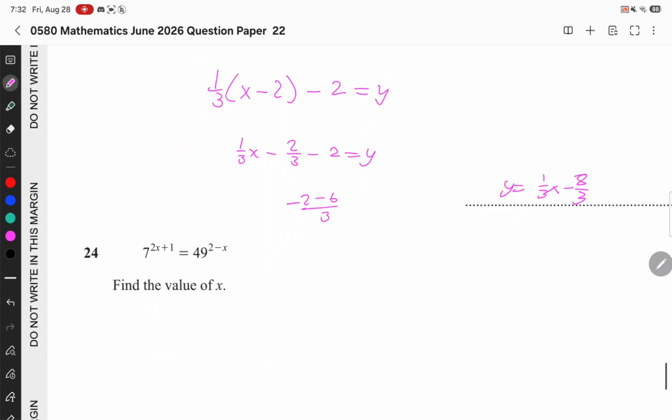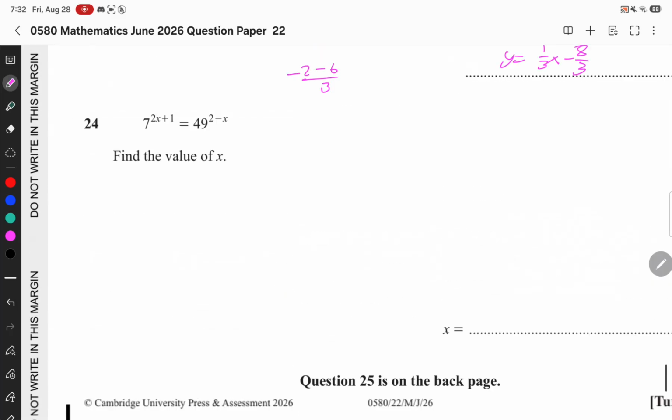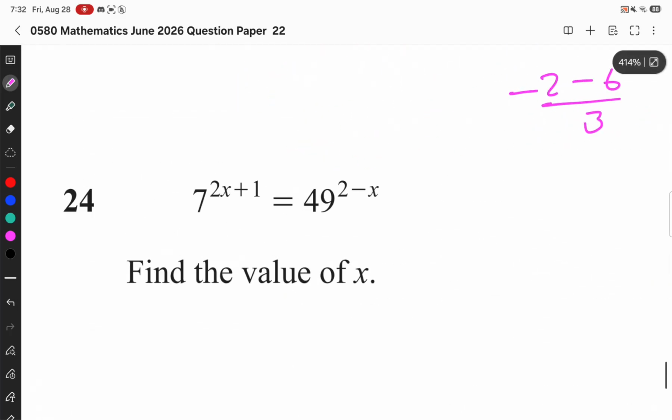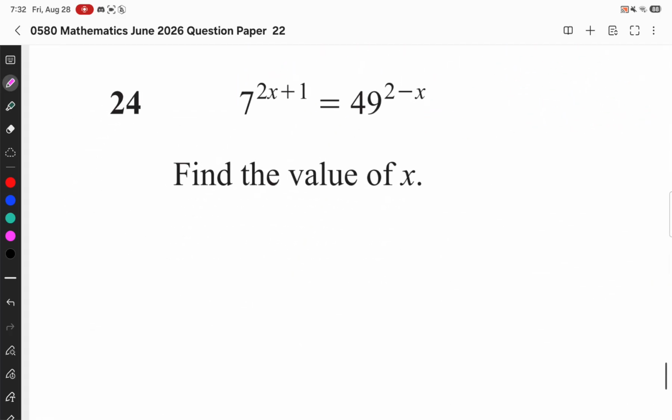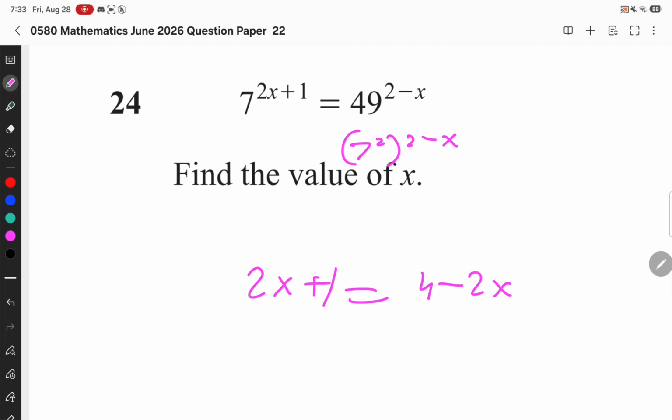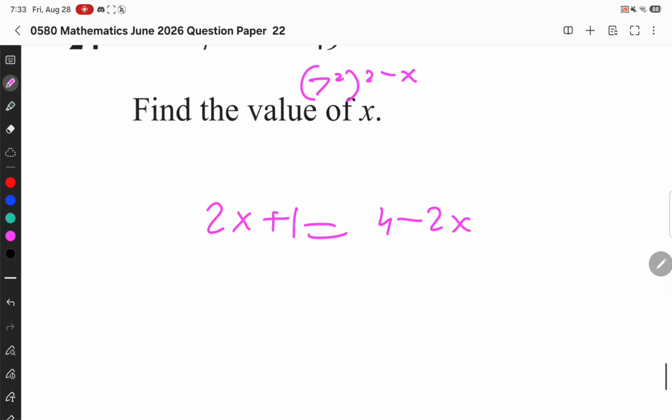Nice. Next, almost the final, we need to find this. So this is 49, this is 7 squared times 2 minus x. So we get 2x plus 1 is equal to what? 4 minus 2x. Yeah. So this is plus 1.